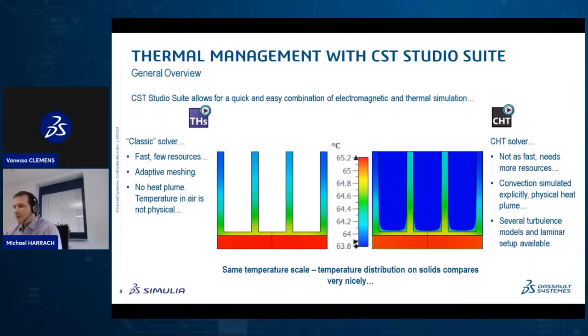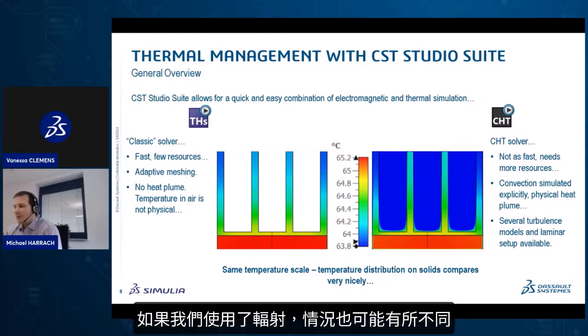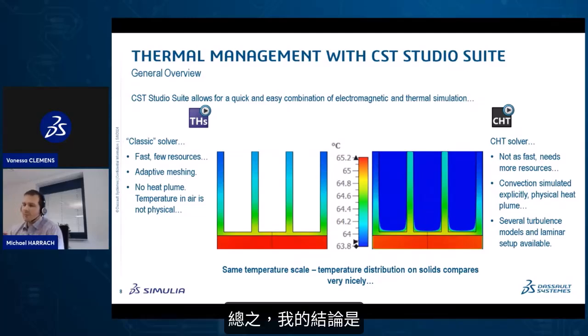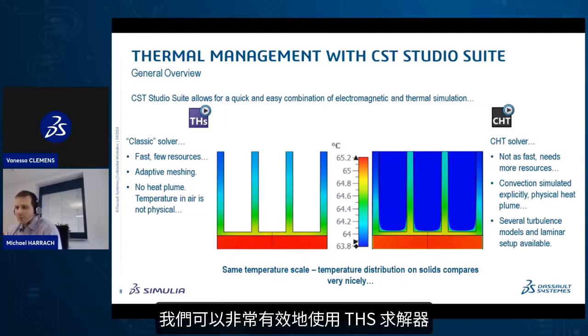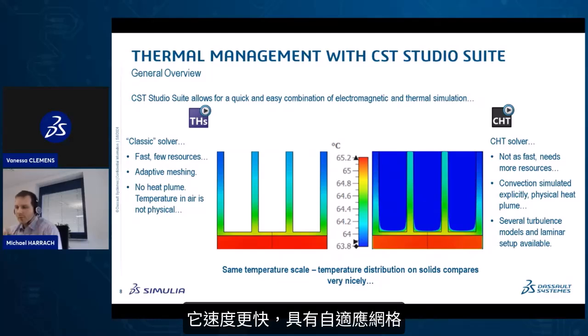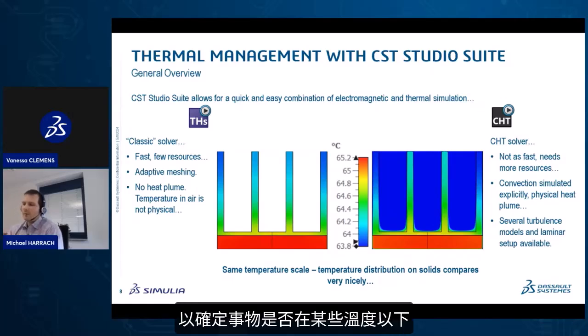And if we had used radiation, it might have also made a difference. But the takeaway here is simply we can use the THS solver very effectively. It's a lot faster. We have adaptive meshing. It's easier with the meshing overall. We get the same kind of result here. We can also use it for a quick look to see if things make sense, if we are below certain temperatures.